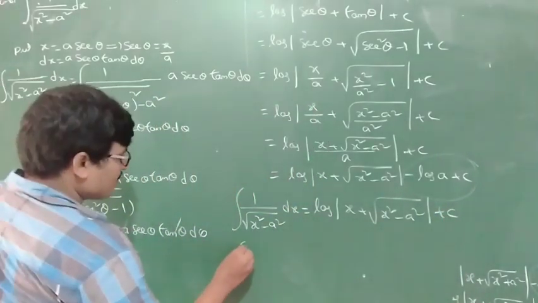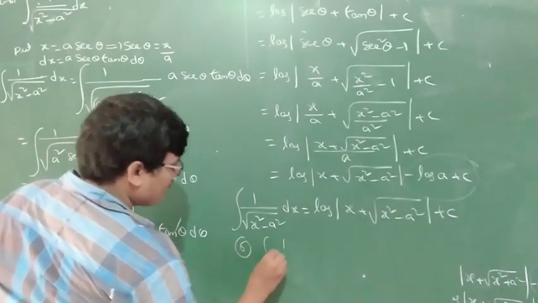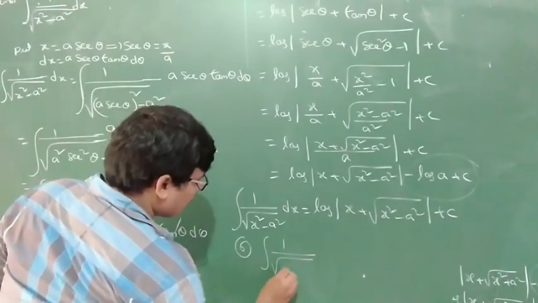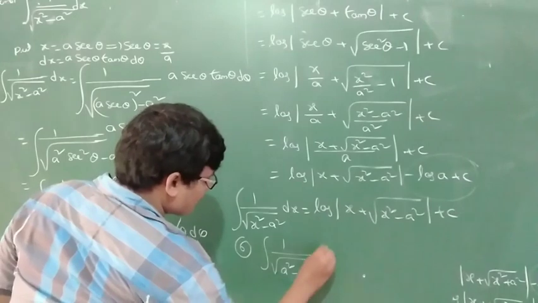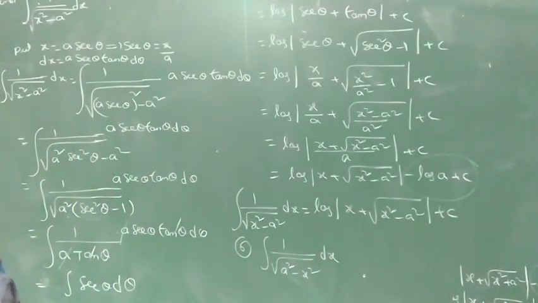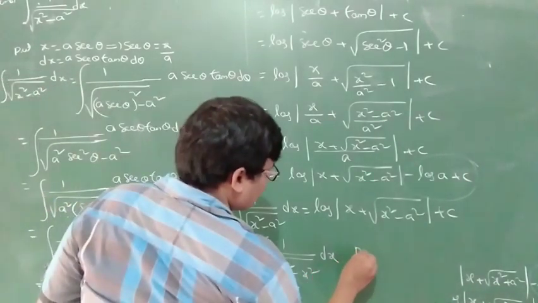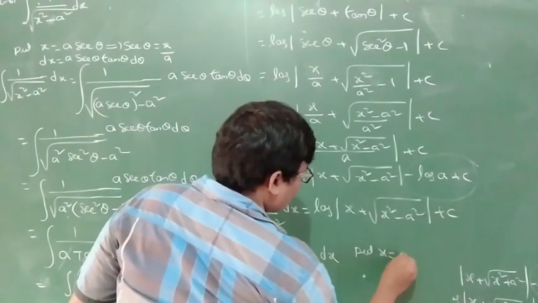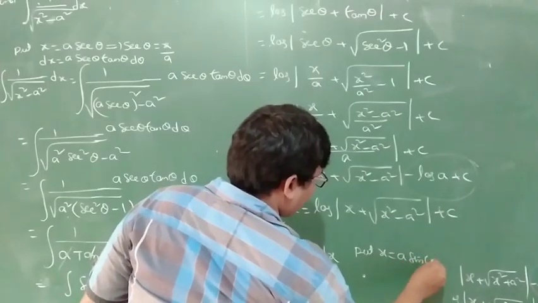The sixth one: what is the sixth one? The integral of 1 by root of a square minus x square dx. Here put x is equal to a sin theta.